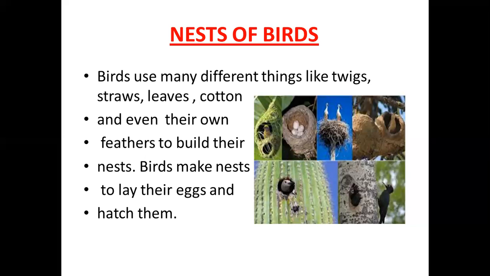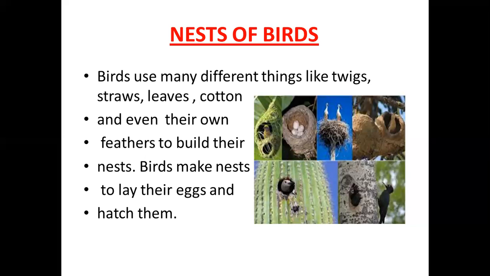Now let us see once again about the nests of birds. Nest is a bird's home. We can see nests of birds on trees, on the terraces of buildings, on electric poles, and many other places. They remain safe from enemies and weather in their nests. The materials used for making the nests also vary as per the nesting habits of birds.